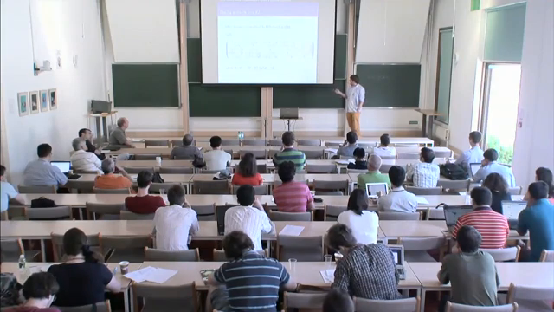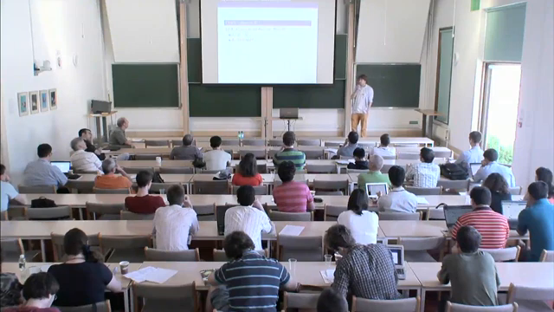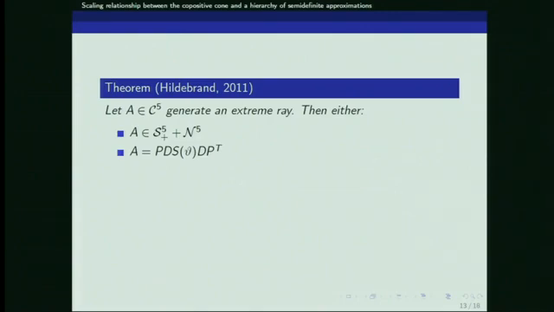So in this paper he had this result, which is that if you have some A, which is a 5 by 5 copositive matrix, then either it has to be in K0 or it's in the orbit of one of these S theta matrices. So this really characterizes all the extreme rays for the 5 by 5 case, which up until then was not known.